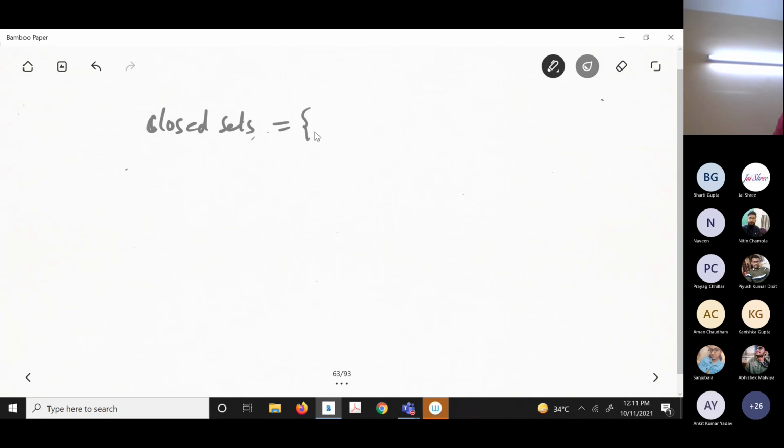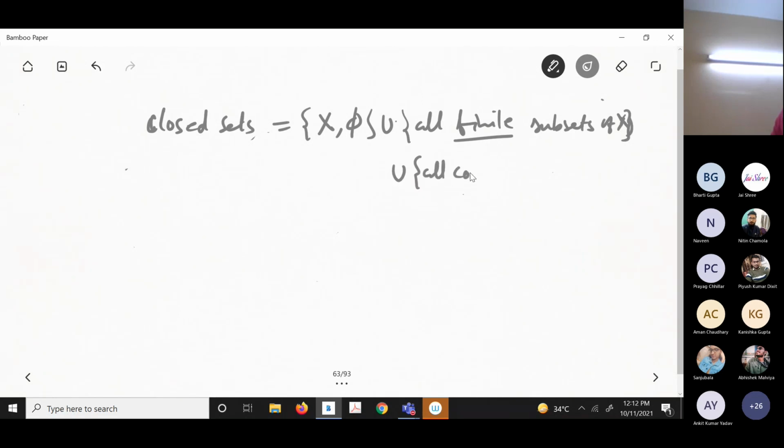The family of closed sets: X, phi, all finite subsets of X and all countably infinite subsets of X.